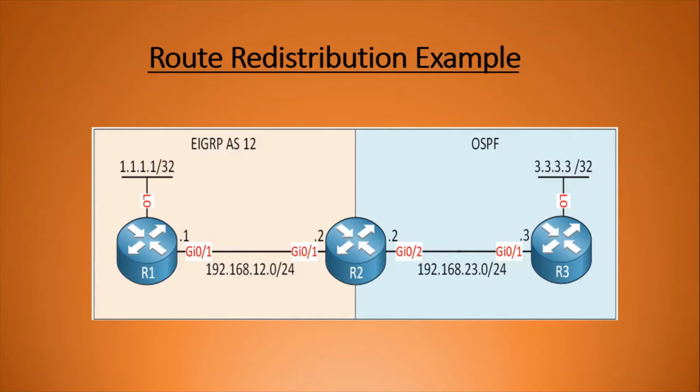Now there is an example of route redistribution between EIGRP and OSPF. The EIGRP route of 1.1.1.1 is redistributed into OSPF, and the OSPF route, the network of 3.3.3.3, is redistributed inside EIGRP. So that was the theory part of route redistribution, and now I'm going to implement it practically using the GNS3 simulator.